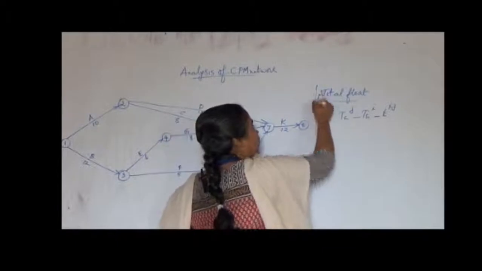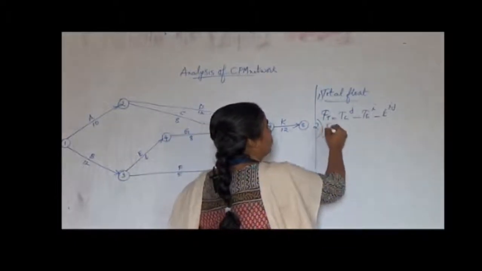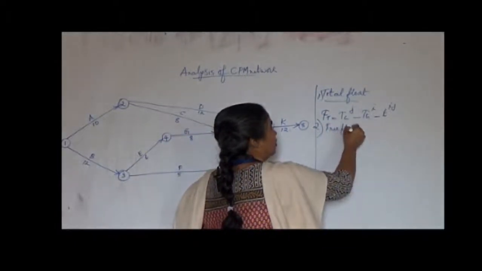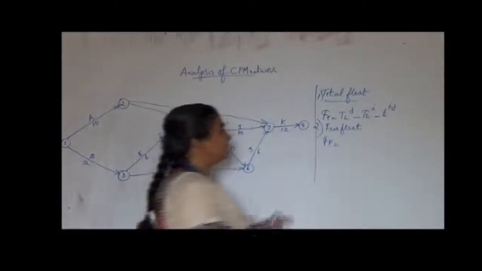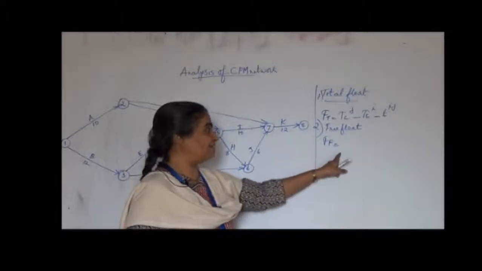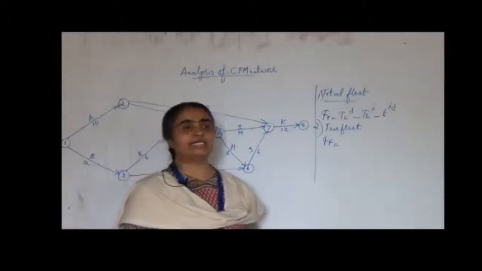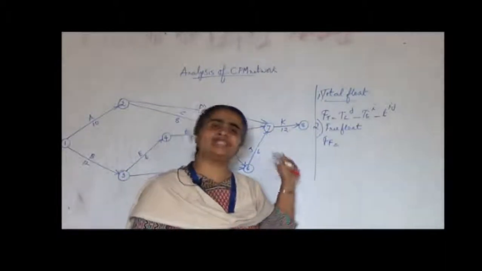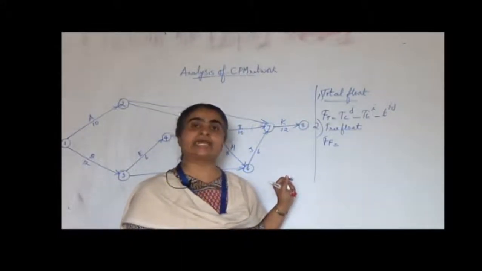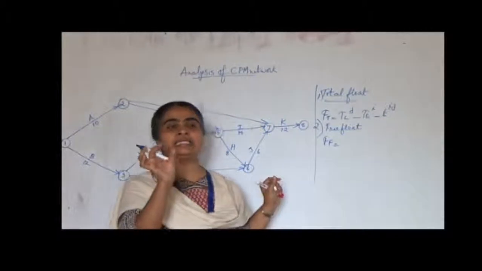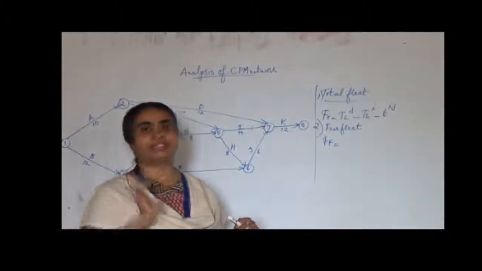The second type of float is free float, abbreviated as FF. Free float is this: if all the activities start as early as possible in a network, then whether there is any time left behind between the activities.